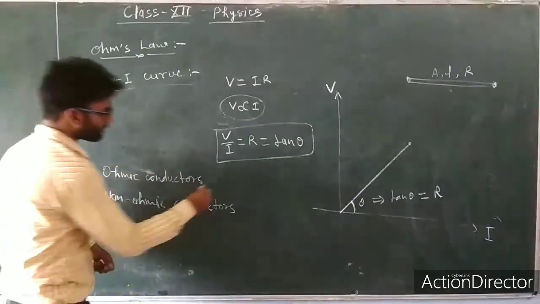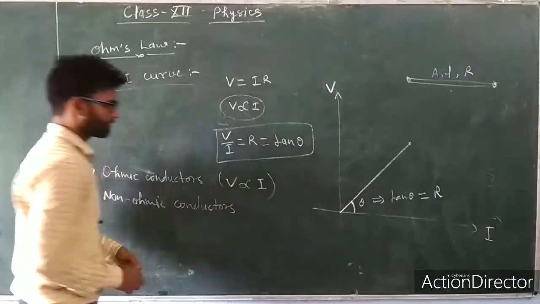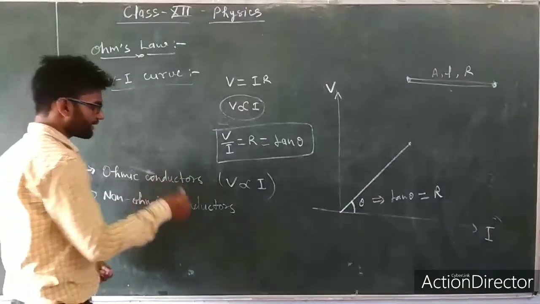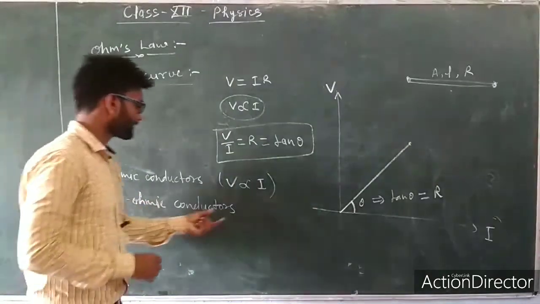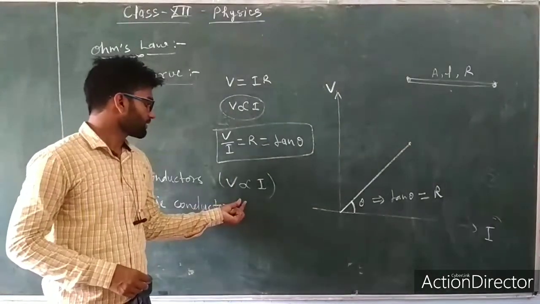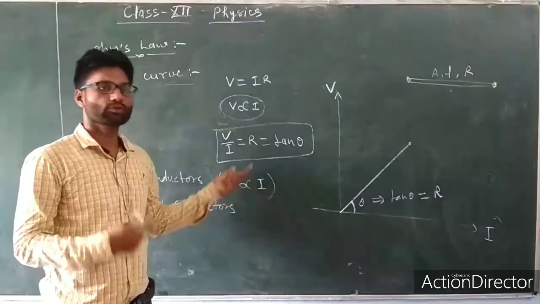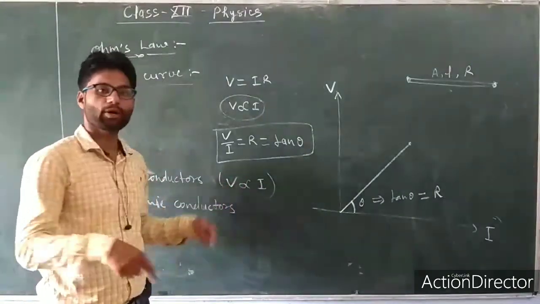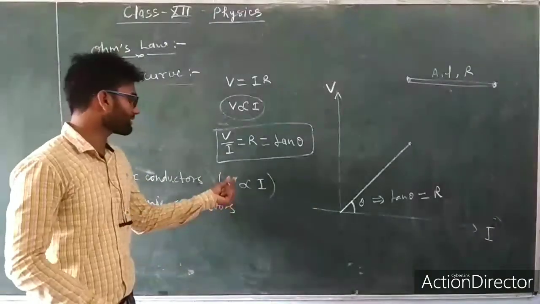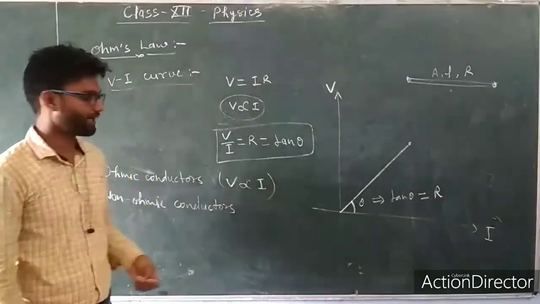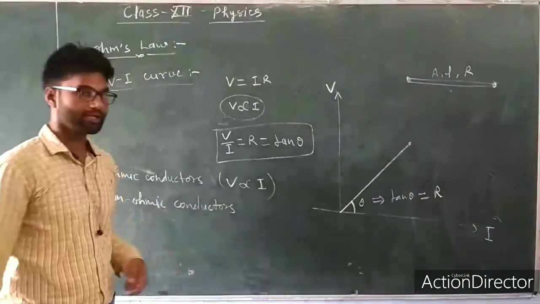For Ohm's law, V is directly proportional to I, and for a non-ohmic conductor, V is not directly proportional to I. It may be proportional to I square, I cube, I root, I power 1 by 3, anything other than I, right? Those conductors are called non-ohmic conductors.